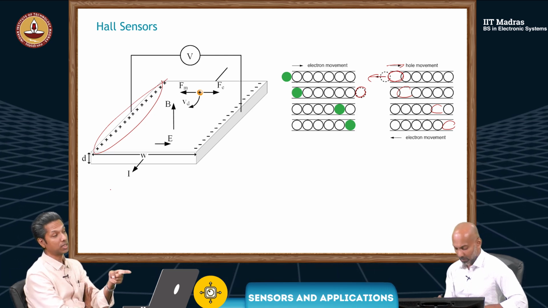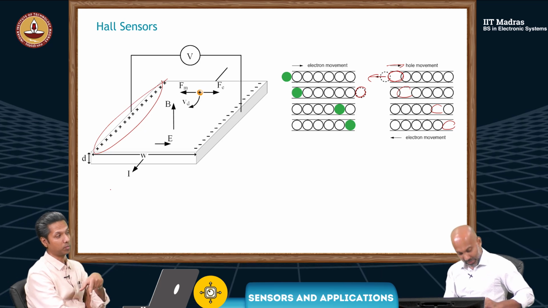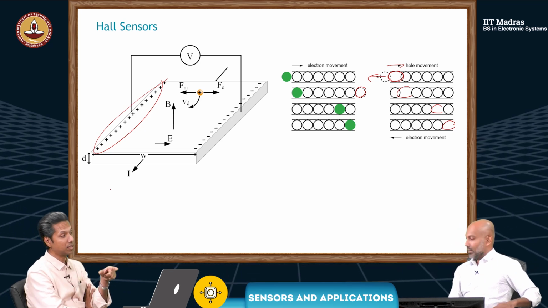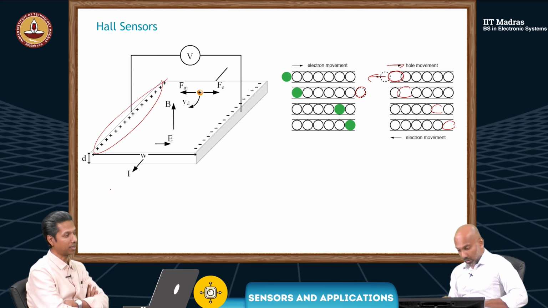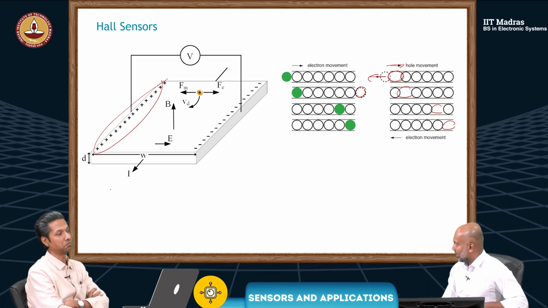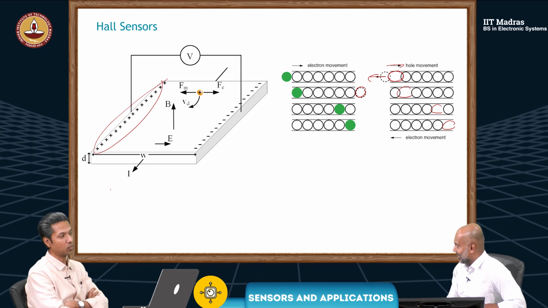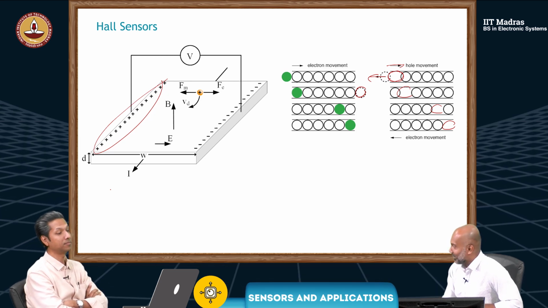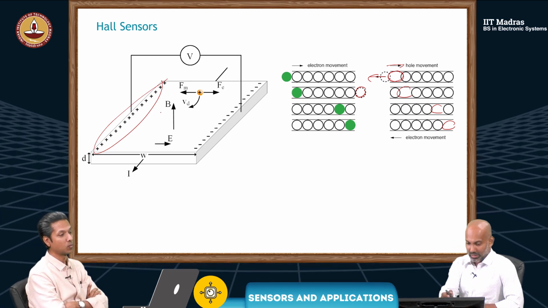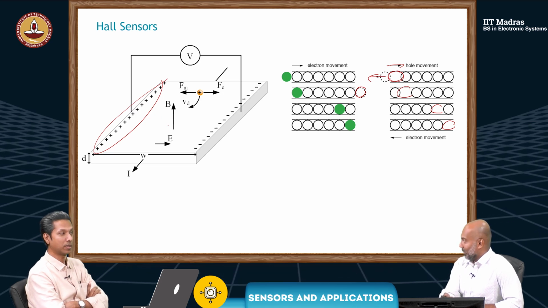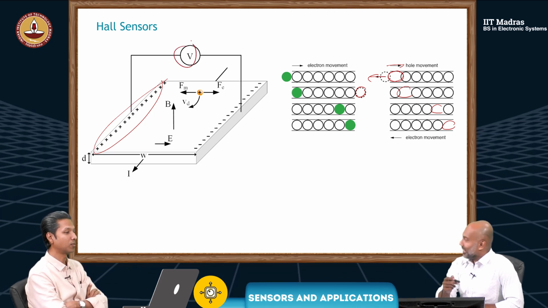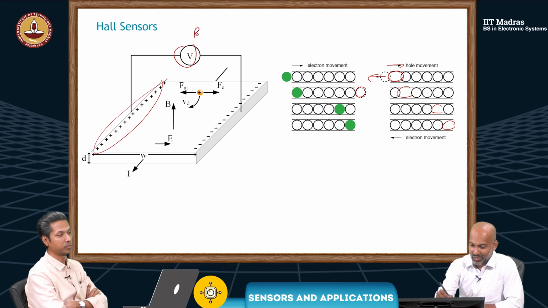So depending on whether it is n-type or p-type. N-type or p-type. Yes. Maybe this is a way to detect also whether it is n-type or p-type. Actually, you're right. The Hall effect is also used to detect if it's n-type or p-type, because it is easy, right? If you think about it. Because the polarity of this voltage will change. Exactly. This polarity will change.